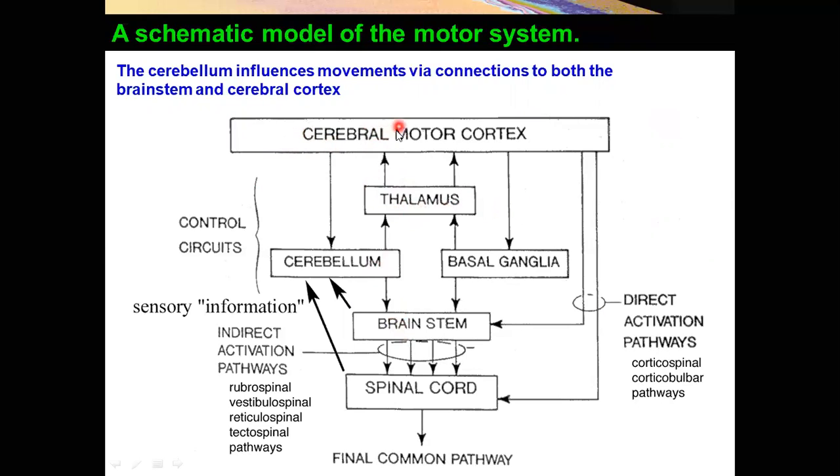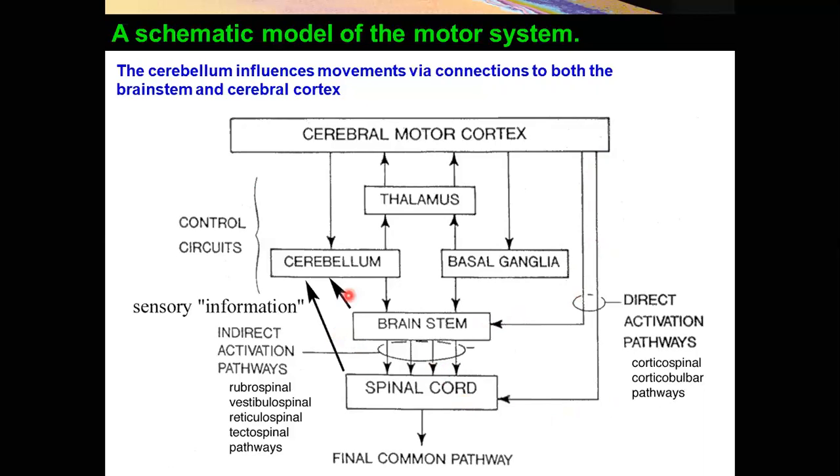So the cerebral motor cortex controls motor innervation through the direct activation pathways. The cerebral motor cortex controls the brain stem through the corticobulbar pathways, and the spinal cord through the corticospinal pathway.